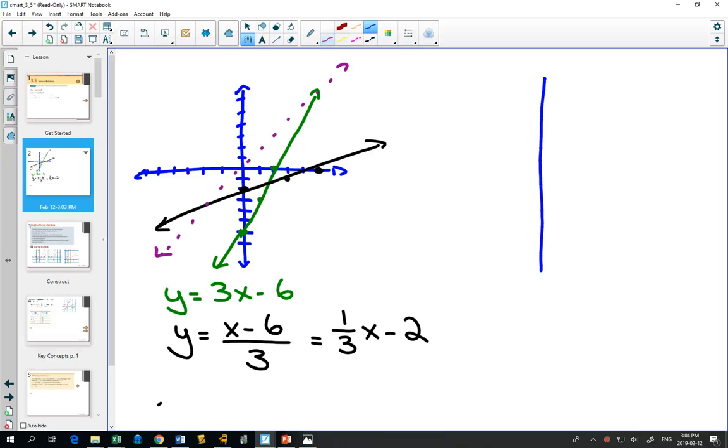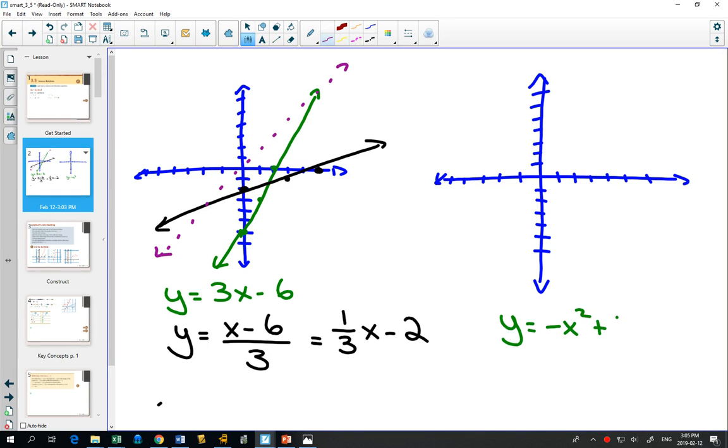For the second one, we had negative x squared plus 3, where x was bigger than or equal to 0.